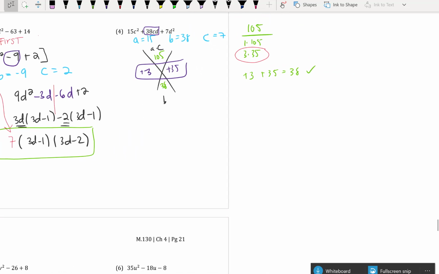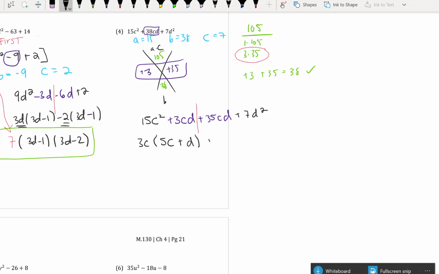So now when I rewrite this, I'm going to have a 15c squared, a positive 3cd plus a 35cd plus a 7d squared. So I split it in half, and the first two, what they have in common is a 3c. So what's left over is a 5c plus d.